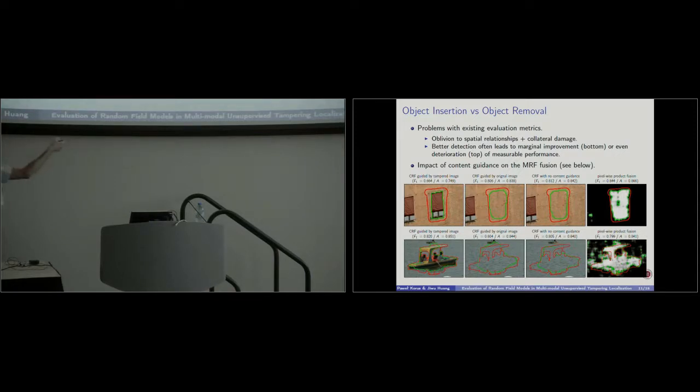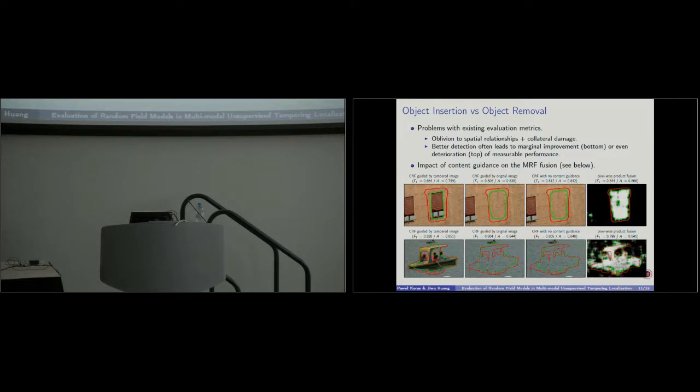In this case, the score actually deteriorated significantly because we're jumping from 0.84 to 0.66. So here you can see that despite the fact that we have much more meaningful detection, the score actually suggests something completely different. And one of the reasons for this is something that I called collateral damage, which basically means that if I'm inserting some object, typically the brush that I will use to put it will be larger.